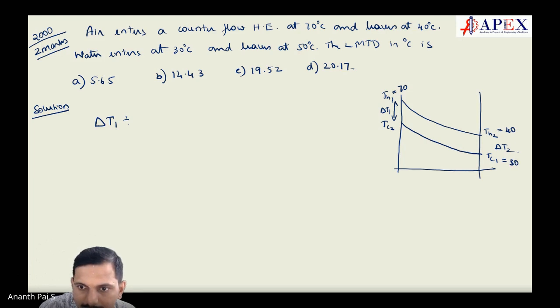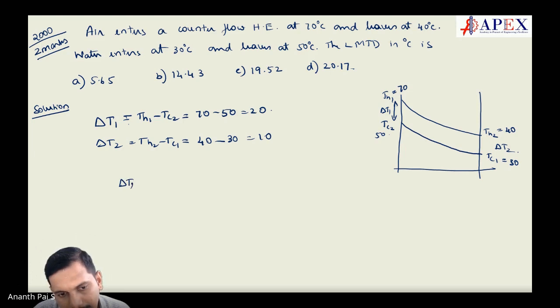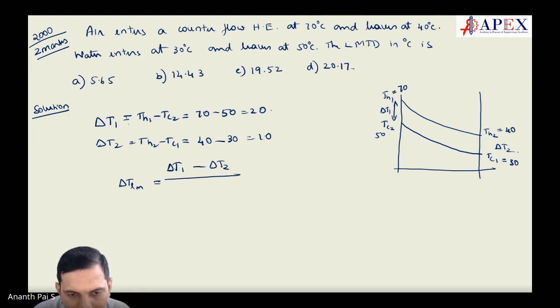Delta T1 is equal to TH1 minus TC2, which is 70 minus 50, which is equal to 20, and delta T2 is equal to TH2 minus TC1, which is 40 minus 30, which is 10. Delta T log mean is equal to delta T1 minus delta T2 divided by log of delta T1 by delta T2.